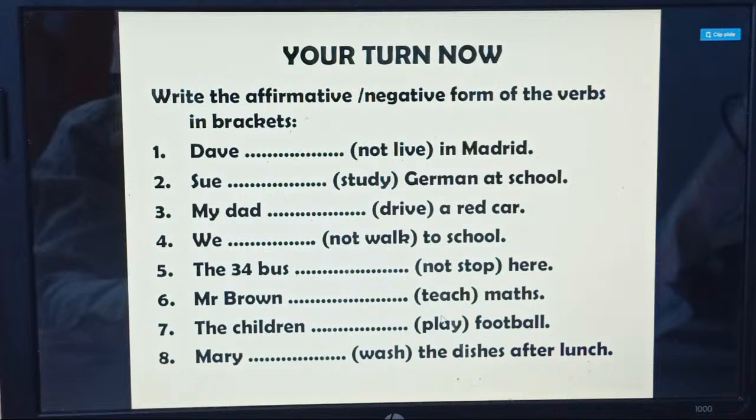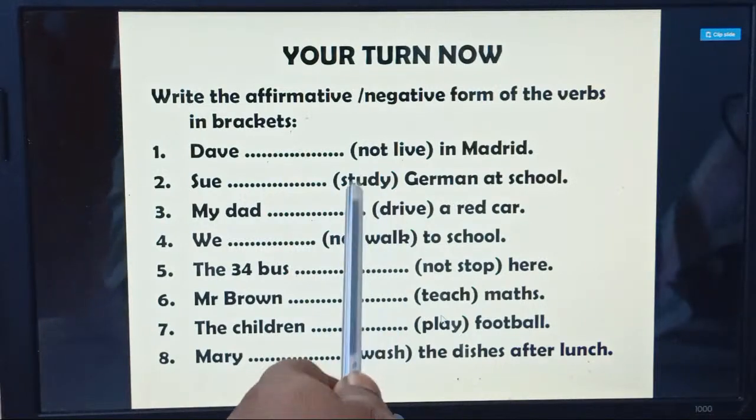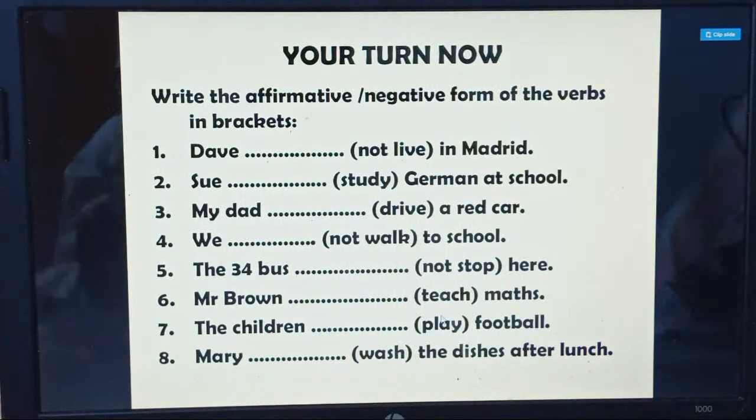Next one, Sue study German at school. How do you answer it? Sue studies German at school. German is a subject there. So Sue studies German at school means స్కూల్లో జర్మన్ సబ్జెక్ట్ చదువుతుంది అని అర్థం.